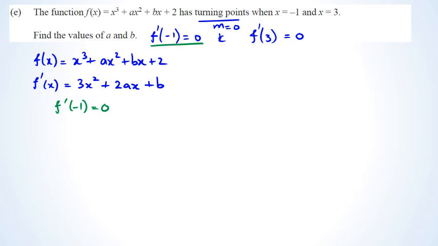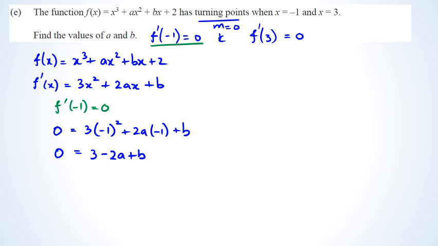So I can write down 0 equals 3 multiplied by -1 squared plus 2a times -1 plus b. And when I do this, I end up with 0 is equal to 3 times -1 squared is 3, 2 times -1 times a is -2a, plus b. All right, so that's one equation.